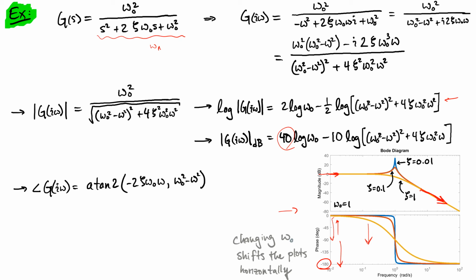Finally, the transition point happens at this omega 0 value. When omega is comparable to omega 0, in this case omega 0 is 1, you get the transition in the phase. That's the halfway point in the phase transition. But you also get this resonant peak in the magnitude plot, which is determined by the damping value.